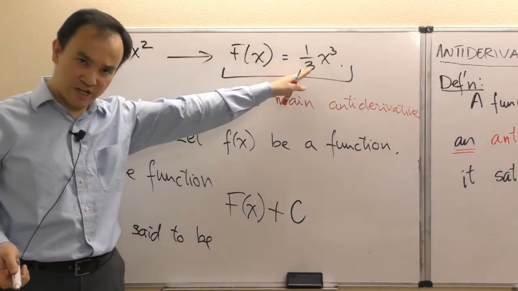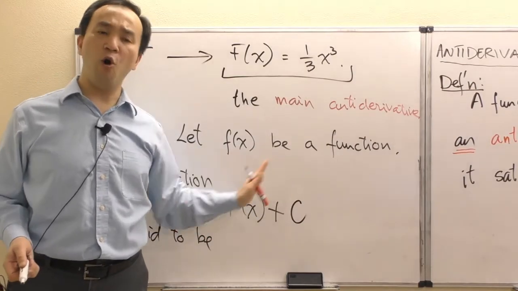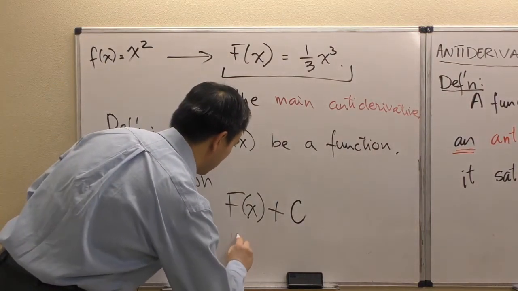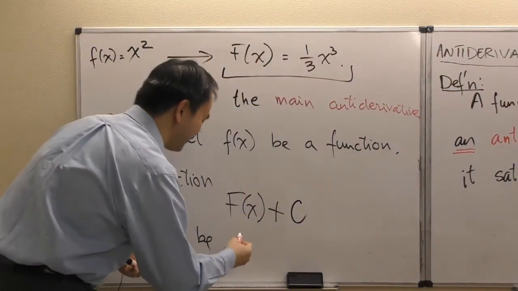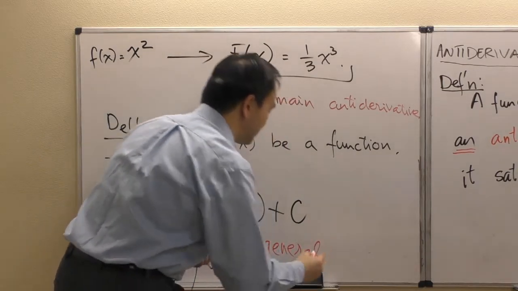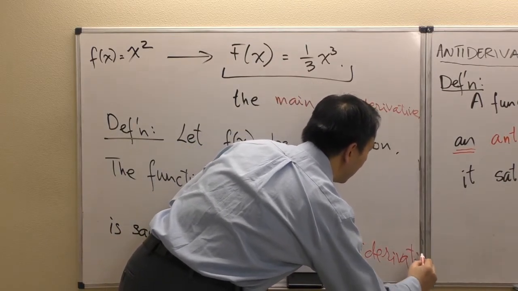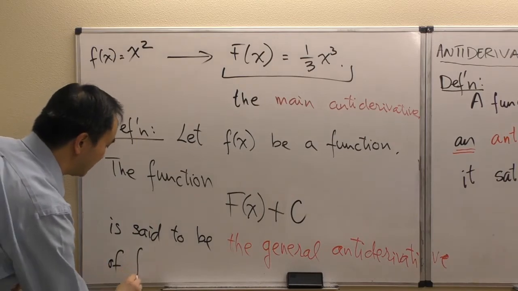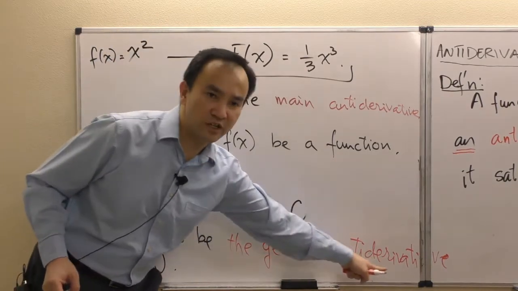This is one distinguished guy we call the main antiderivative, and the rest is more like a representation of a whole family of antiderivatives. So I refer to this as being said to be the general antiderivative of f of x.